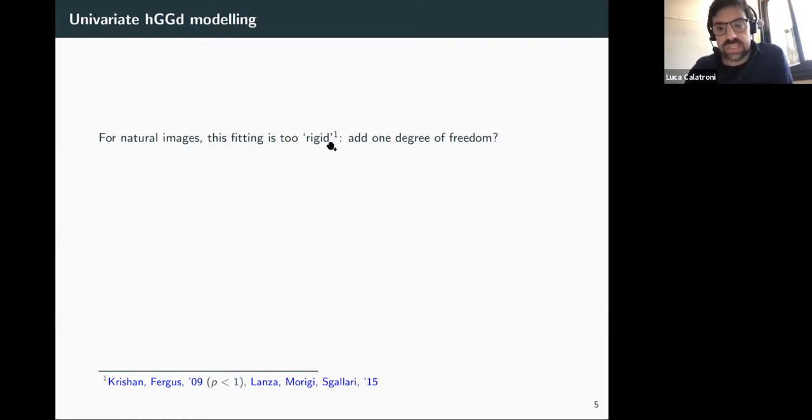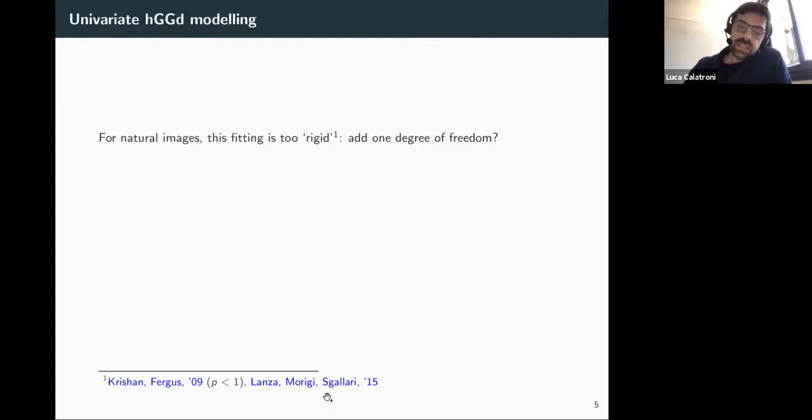What do I mean by rigidity? We have only one hyperparameter, the alpha hyperparameter, which seems to make my fit a little bit too rigid and restrictive.